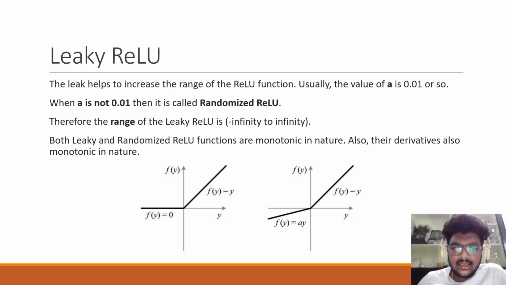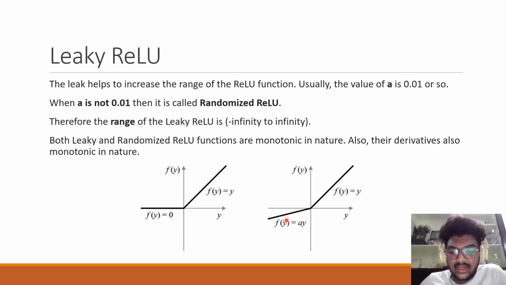Starting with the Leaky ReLU. It's leaky, right? The leak helps to increase the range of the ReLU function. Usually the value of the slope is 0.01 or so. So we can say the main catch here is this point. When it is not 0.01, then it's called randomized ReLU.